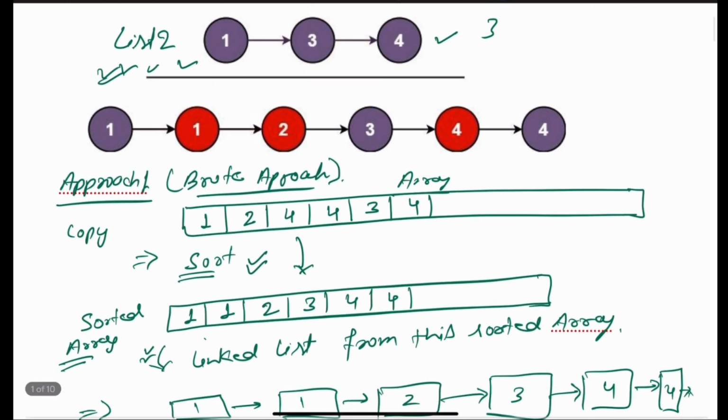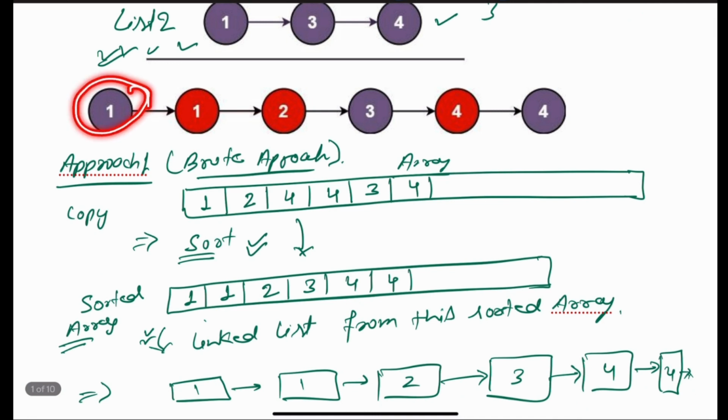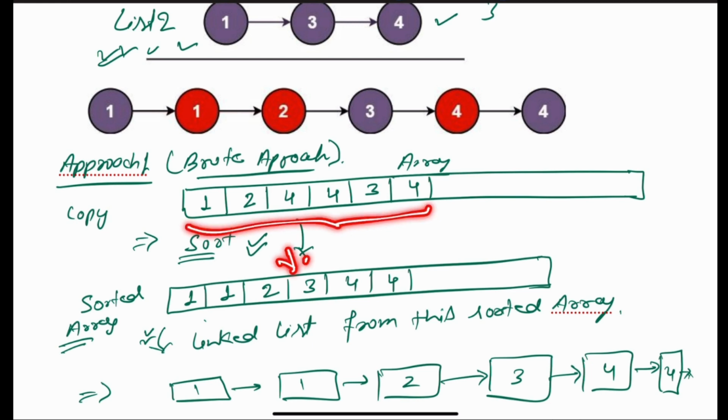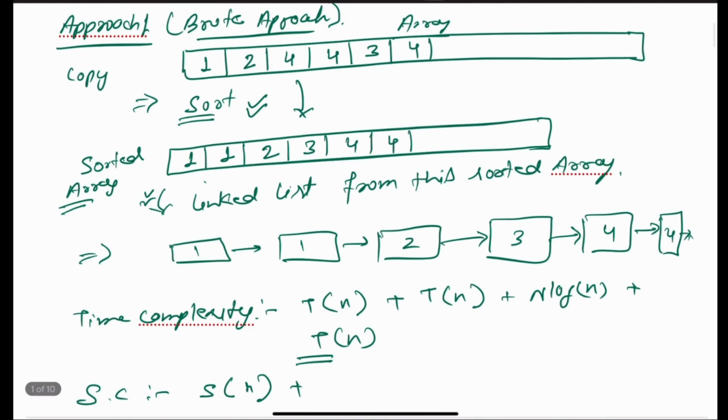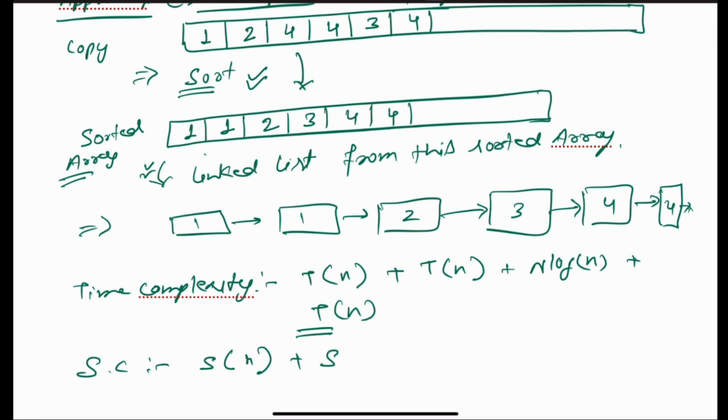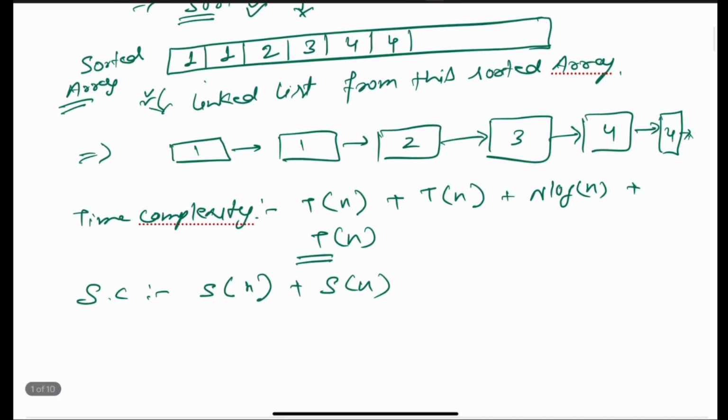You're going to create a new linked list when you convert this sorted array into the new linked list, so for this, again, you will consume a space complexity of order of n. So this is the complete time complexity and space complexity of this problem if we solve it using the brute force approach.